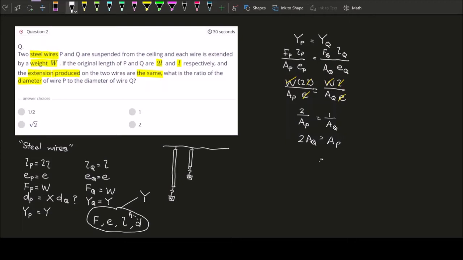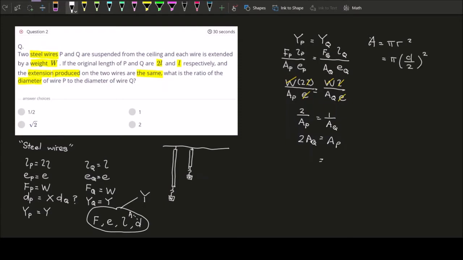How can we proceed? Well, we want to find diameter, right? Diameter is very much related to the cross-sectional area. Cross-sectional area is pi r squared. But you know, this radius here is equivalent to half of the diameter.